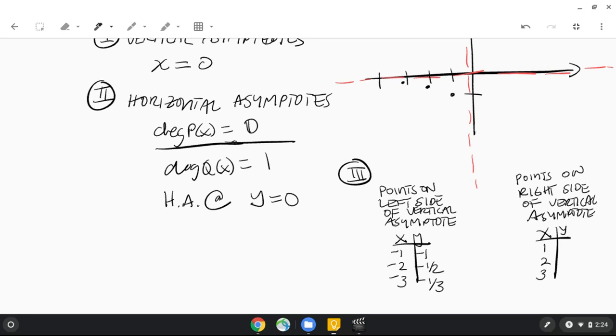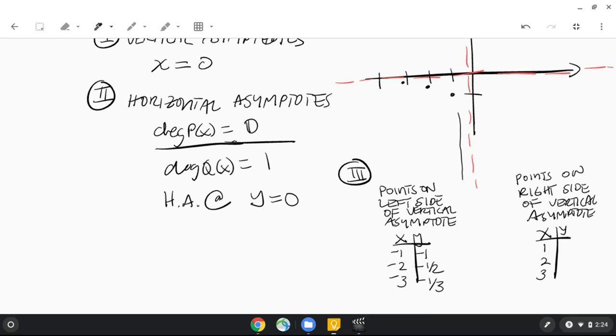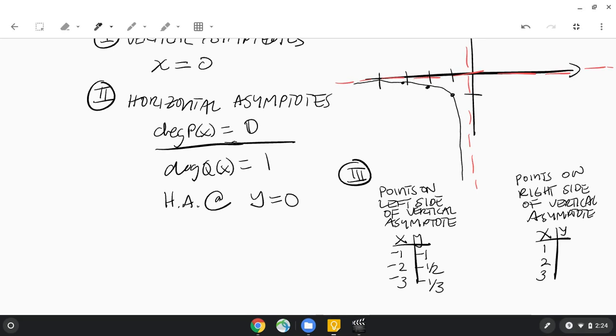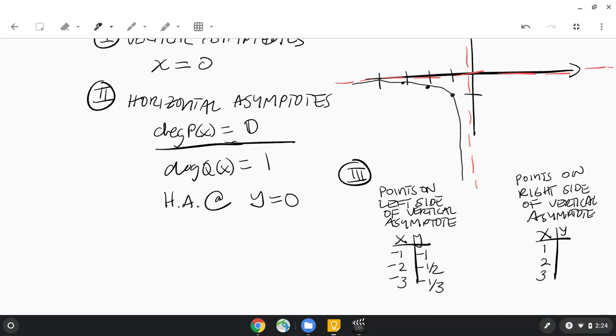And we get closer and closer to that horizontal asymptote. That's what we mean by end behavior. We go towards these asymptotes, and it gets closer and closer. Okay, it's kind of crooked. Let's see if we can do a better job with the next one.